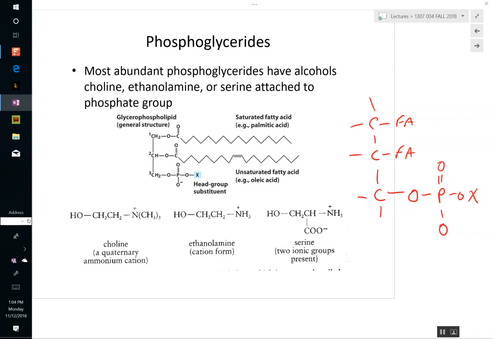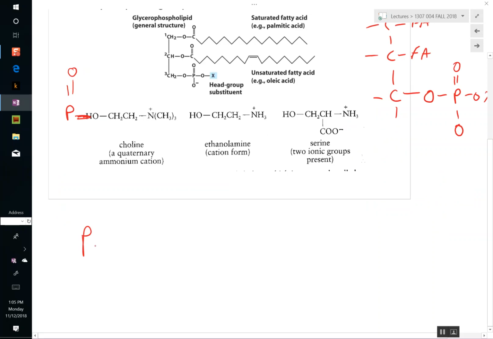So your phosphorus would be right here. It'd be linked phosphorus, oxygen, choline. That makes sense, because what you would have had there is this here, and your alcohol here, and you're splitting out water and forming a phosphorus oxygen carbon bond.